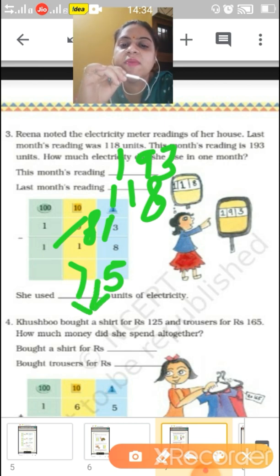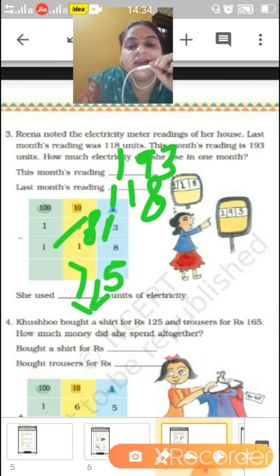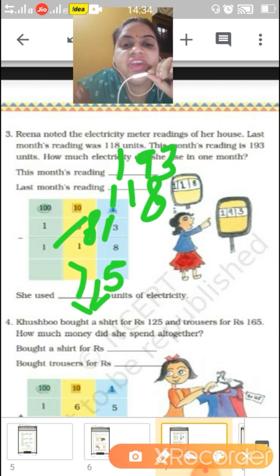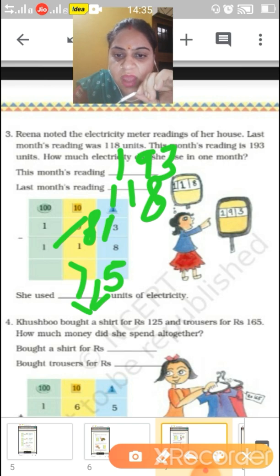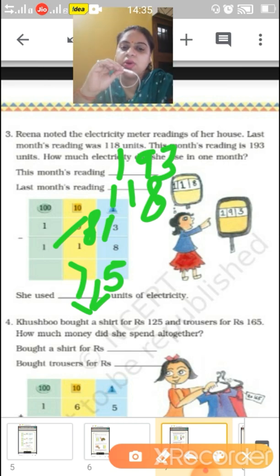Here you will write above the line, she used 75 units of electricity, because they are asking how much electricity she used in 1 month. So in 1 month she used 75 units of electricity. Understood? I hope it is clear to you, children.